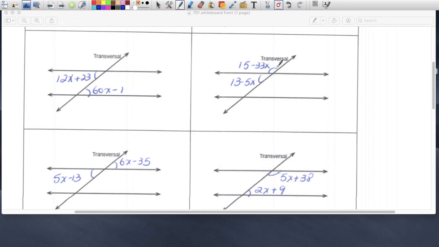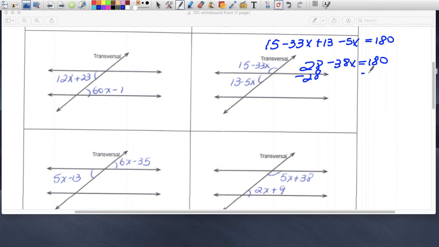You can tell that this is A and B, right? They're different. So if they're different, 15 plus 23x... 15 minus 33x plus 13 minus 5x, that's equal to 180. Combine like terms, 15 and 13 is 28. Negative 33 and negative 5 is negative 38x equals 180.